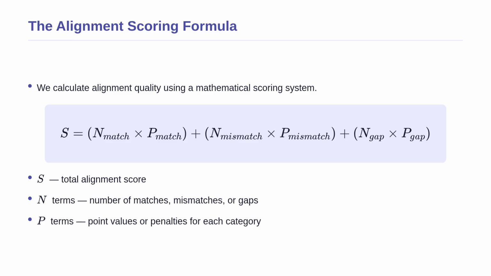The N variables represent the count of matching characters, mismatched characters, and gaps. The P variables represent the point values assigned to each. Matches get a positive score, while mismatches and gaps receive negative penalties. If we increase the gap penalty, the computer tries harder to avoid inserting gaps.